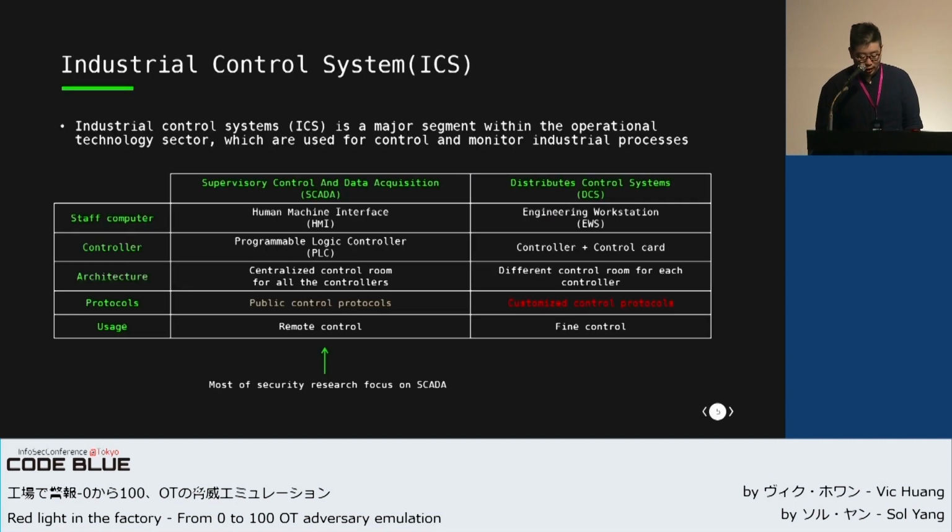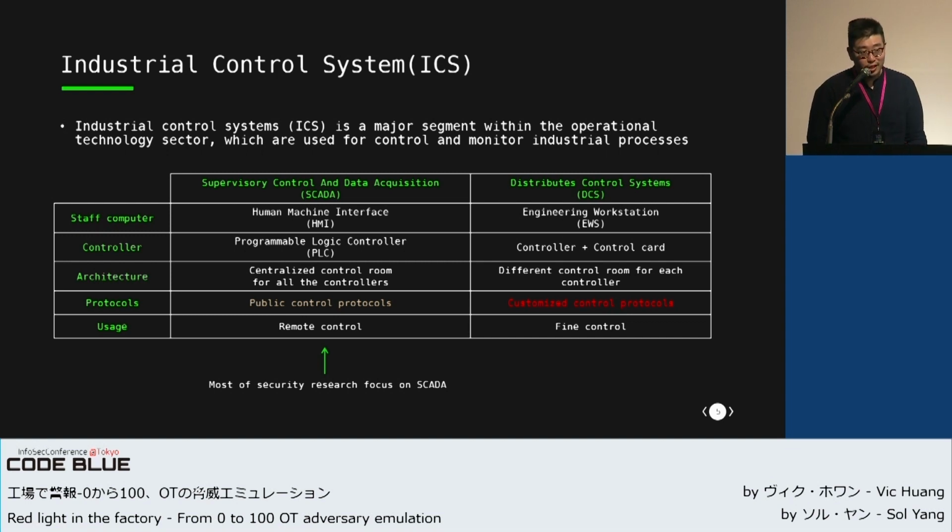So for the ICS, there are 2 important parts in ICS, SCADA and DCS. The main difference between DCS and SCADA is, first, DCS is more complicated and delicate on device control and access control.